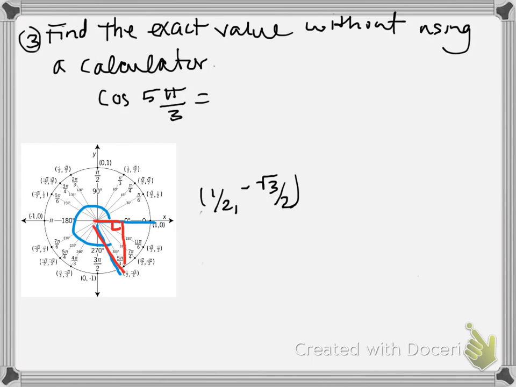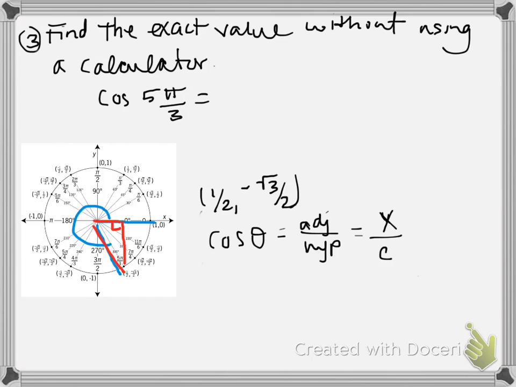So I'm doing cosine. Cosine of theta is going to be adjacent over hypotenuse. That's going to be x over c.